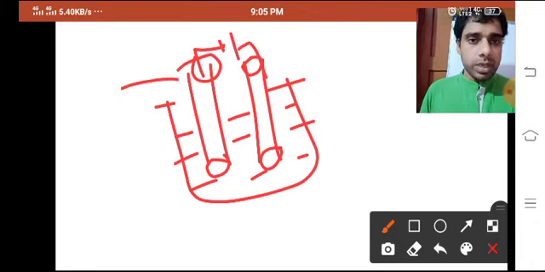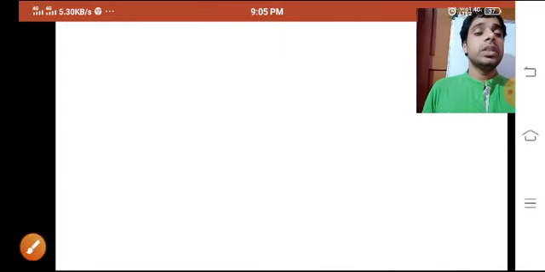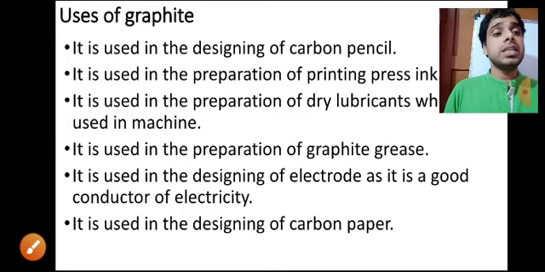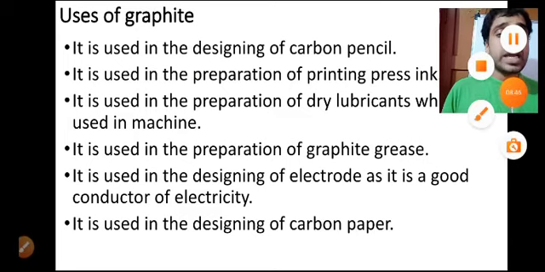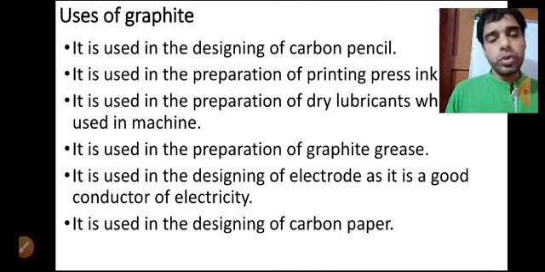This is made up of graphite because graphite allows electricity to pass through it. So in every electrolytic cell we take electrodes, one cathode and one anode, and both the cathode and anode are made from graphite.